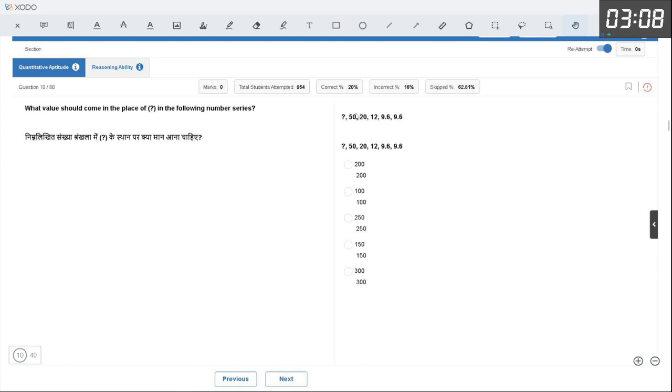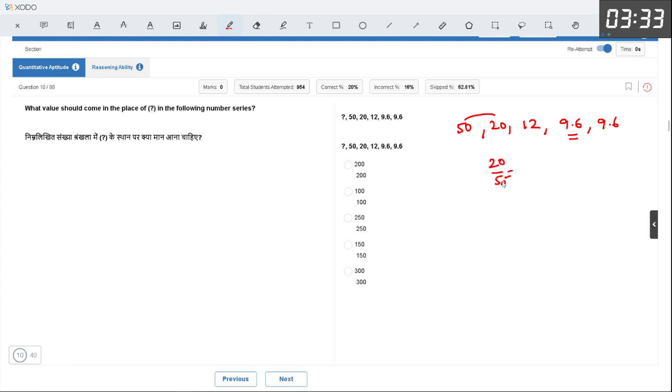Here also 50, 20, 12.6, 9.6. Here decimal points are coming, so from 50 to 9.6 either it will be division or multiplication, something happened here. So points coming means definitely it will be multiplication. So how much is 50 multiplied by to become 20?